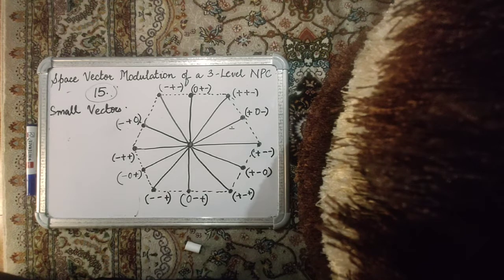The short vectors will comprise of either the positive and only zeros, or only negative and zeros.